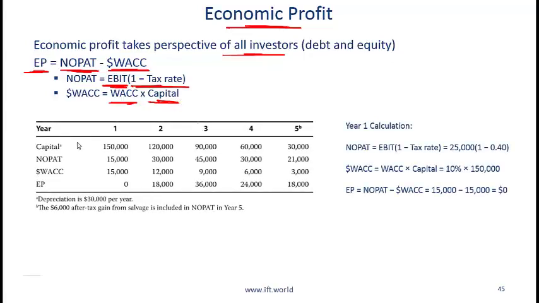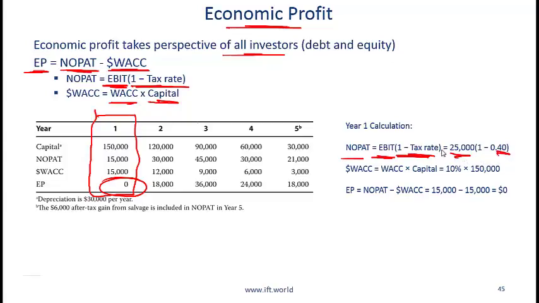So roughly speaking, this will be the total operating assets, the net operating assets. Now here again, fairly straightforward calculations. If you are given this information, let's consider year 1. How do you come up with the economic profit for year 1? We use this formula. What's NOPAT? You are given EBIT of 25,000. You are given a tax rate of 40%.